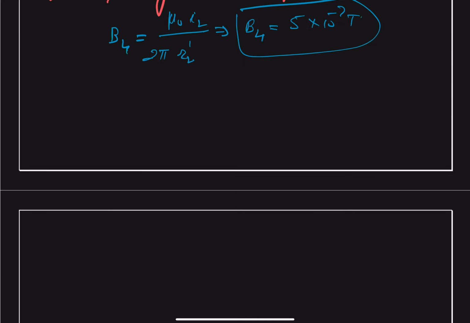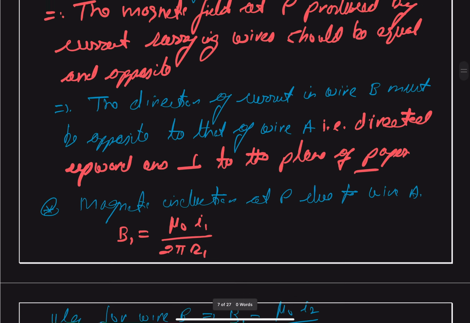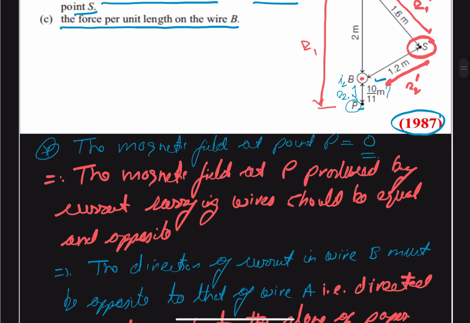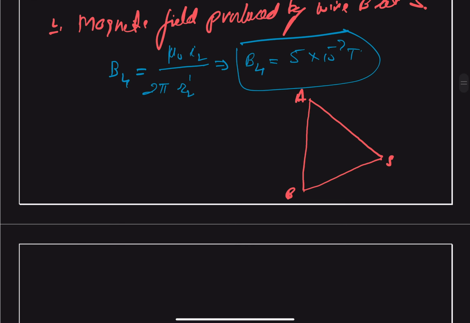And if we draw, or we can say if we check this triangle, this is our A, B and S, and AB is given as 2 meter, 1.6 and 1.2. AB is 2, this is 1.6 and 1.2.